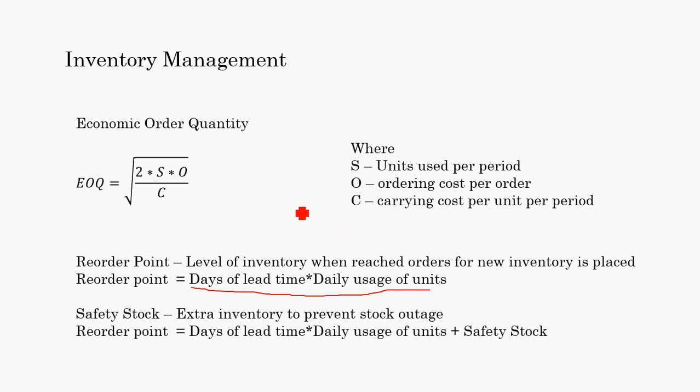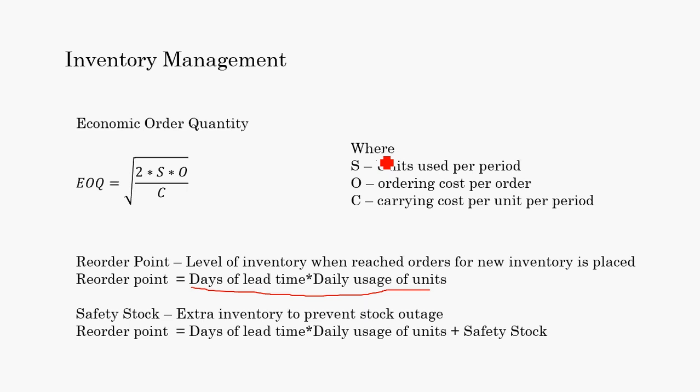When we say days of lead time, it means the number of days that it will take for the supplier to fill back your inventory with new units as soon as the order is received. For example, let's say that you place an order today and it will take 3 days for the supplier to supply you with new raw material.